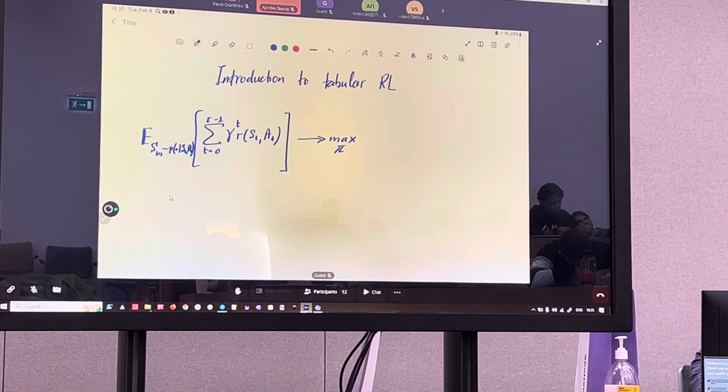I will also assume here a deterministic policy and identity between the state and observation. So why am I insisting on a deterministic policy?